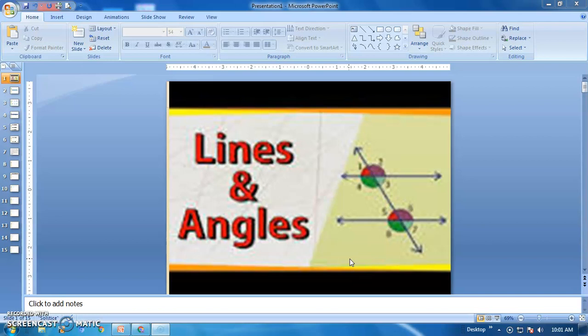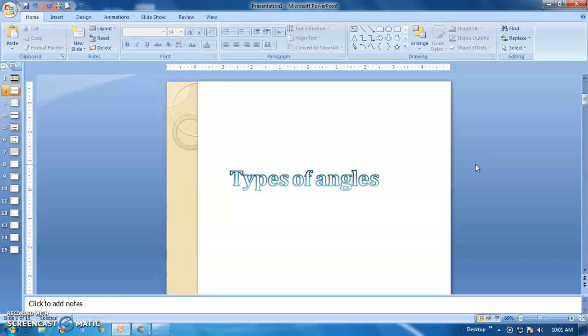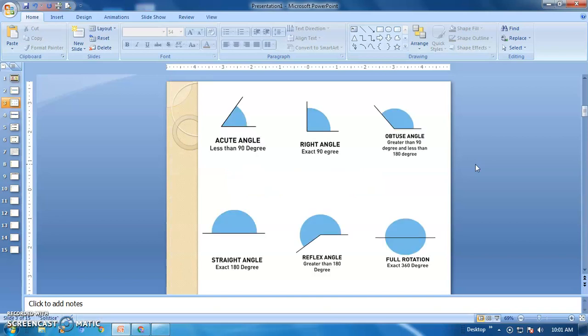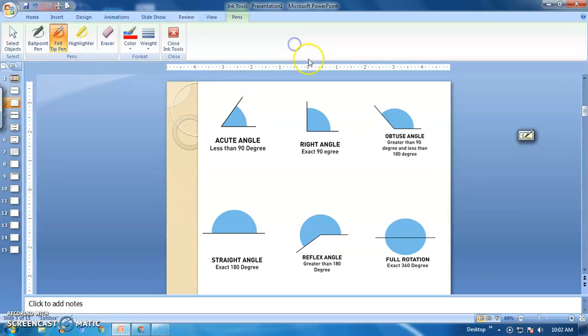Before entering today's session, just recall what we have seen so far in the last classes. The topic of this lesson is lines and angles. Among the types of angles, there are the basic types that we already know: acute angle, right angle, obtuse angle, straight angle, reflex angle, and 360-degree angle. The angle less than 90 degrees is an acute angle.